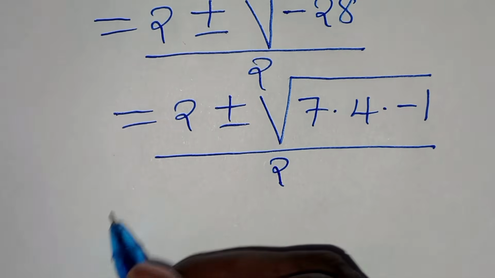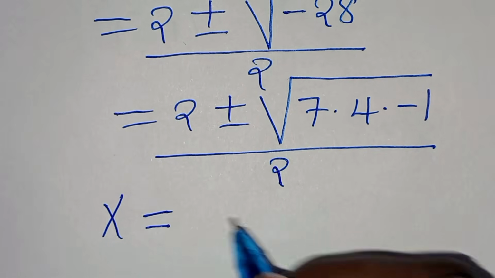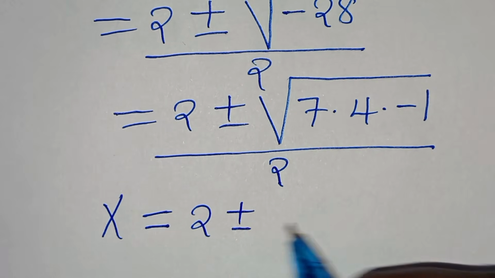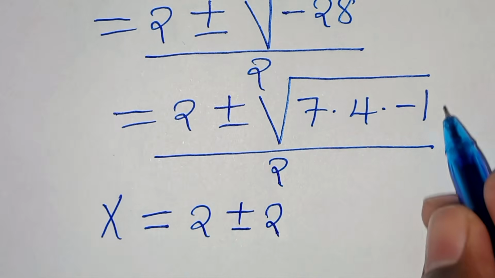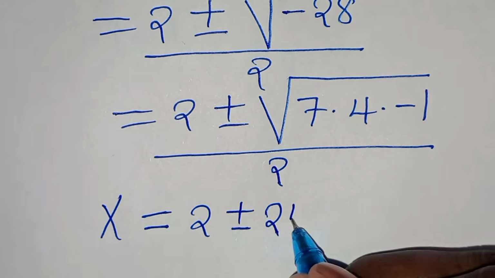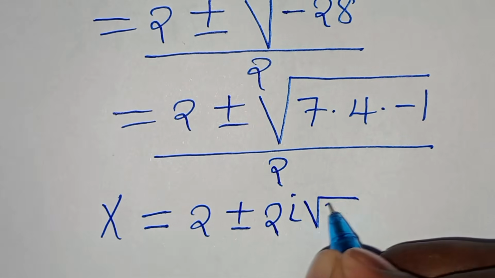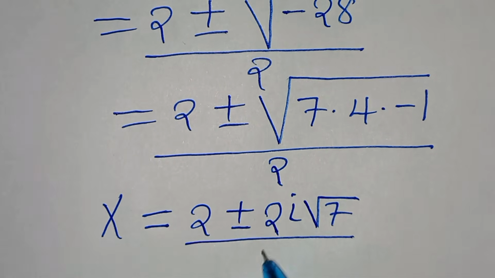So this means that x is equal to 2 plus or minus the square root of 4, which is 2, times the square root of minus 1, this is i, then the square root of 7, everything divided by 2.